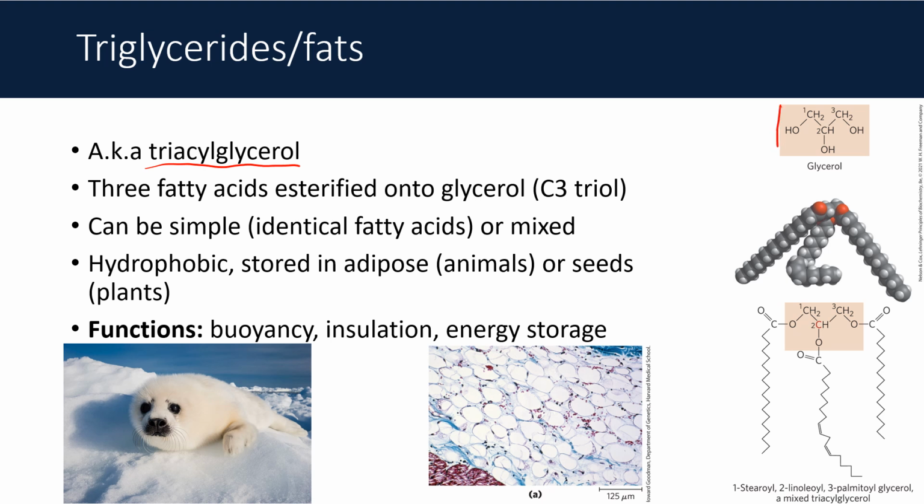Glycerol, shown over here in red, is a very special triol. It's got three hydroxyl groups, shown over there. And each of those alcohols can condense and esterify with a fatty acid that's going to result in this E-shaped molecule. And whenever you see an E-shaped molecule, that's usually a sign that what you're dealing with is a triglyceride.